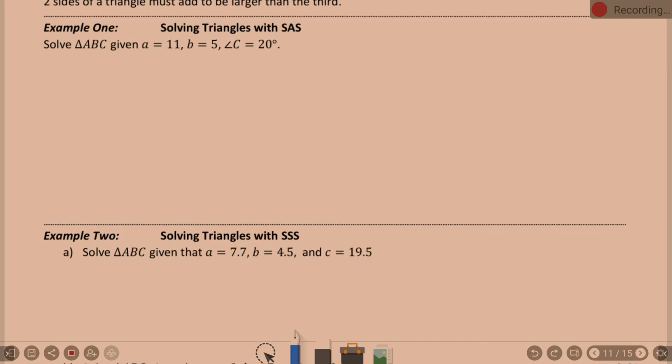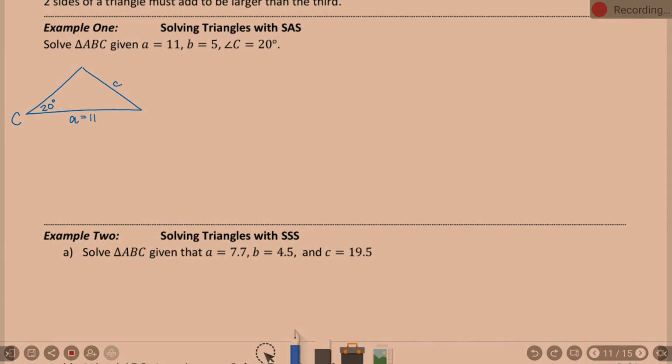Now, I'm going to, so we have something to reference, and I want you guys to see this is indeed a side angle side. Okay? If I make this angle over here my given. So if C is 20 degrees, that means that opposite side is C. We weren't given a C, were we? And then A and B are my other sides.